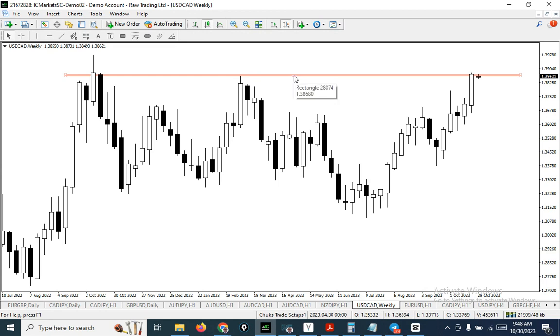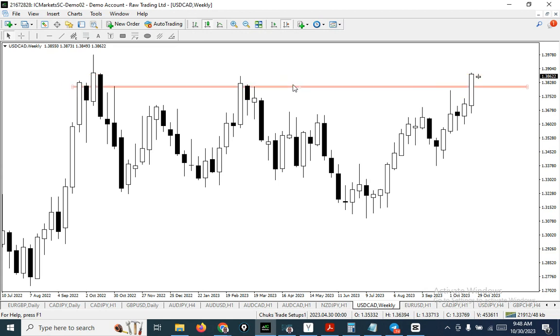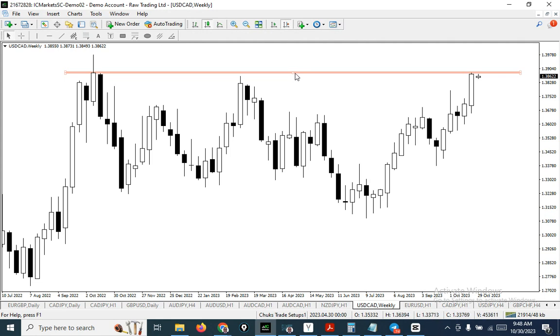Let's duplicate this line. I want to look at this level here, and this structure here. Is it okay to place this here?